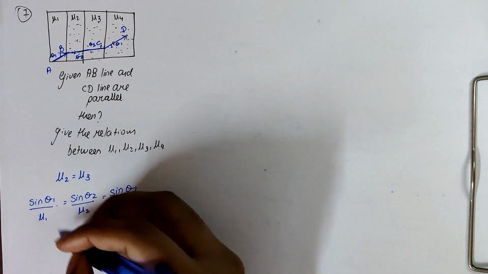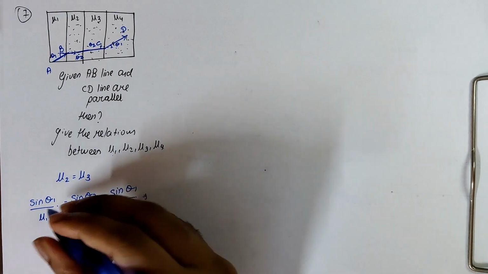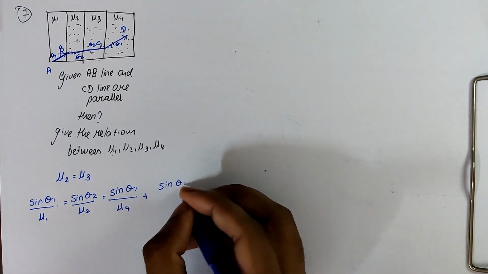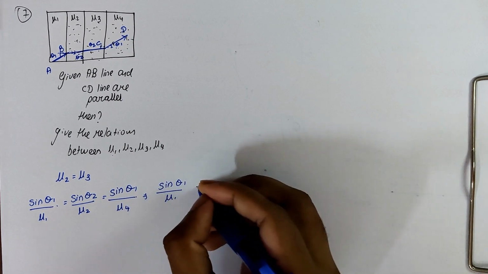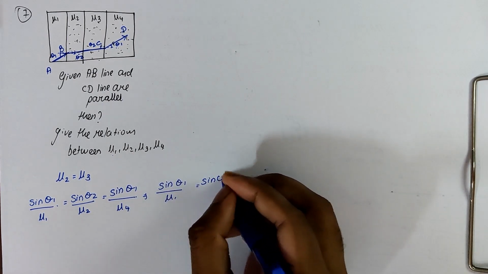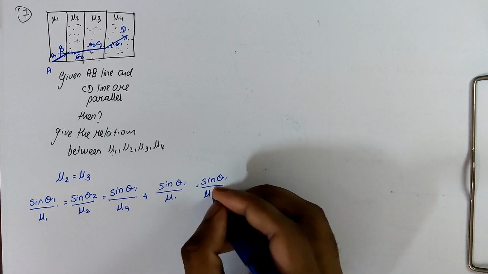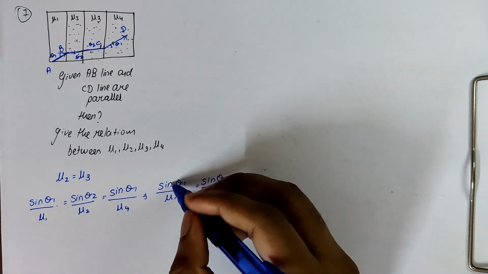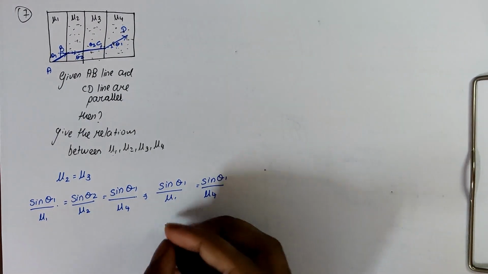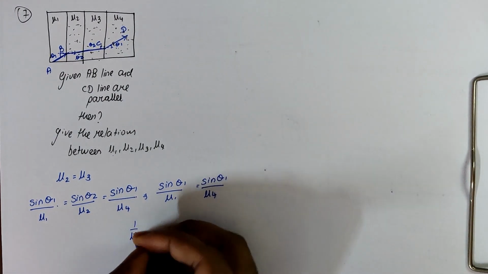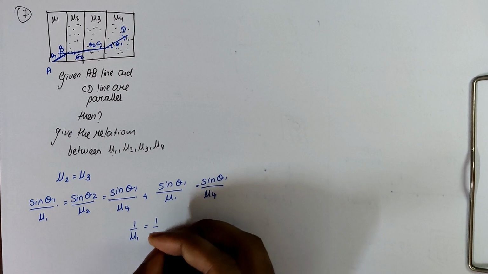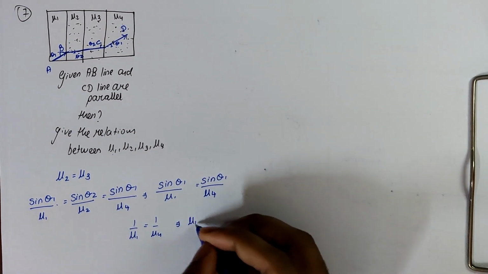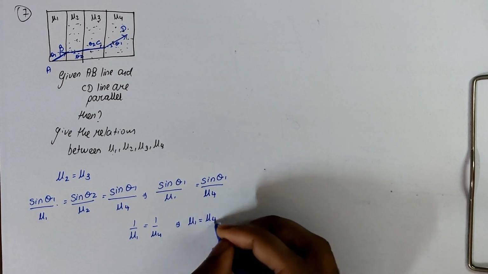Now don't take the middle term, instead take the first and the last term. So you have sin theta 1 by mu 1 is equal to sin theta 1 by mu 4. We know sin theta 1 and sin theta 1 are equal, so I can cancel these two and say 1 by mu 1 is equal to 1 by mu 4. Thus we know that mu 1 is equal to mu 4.